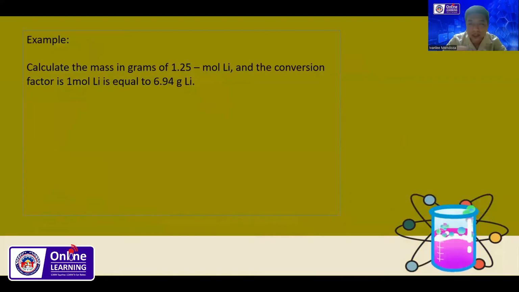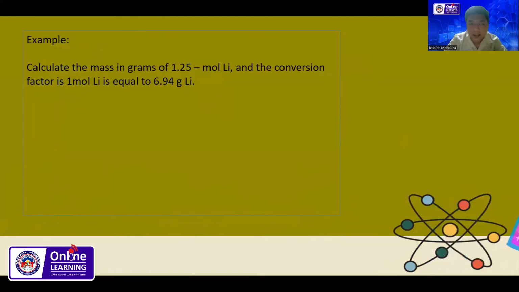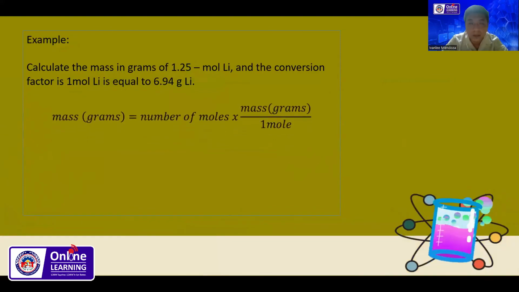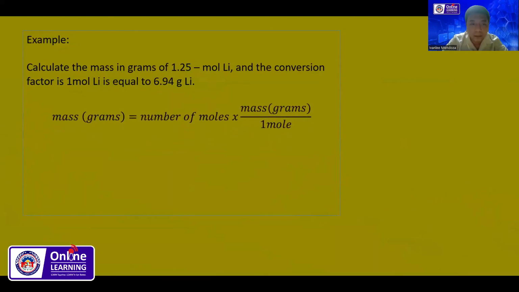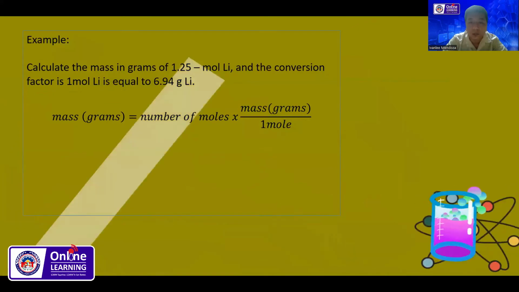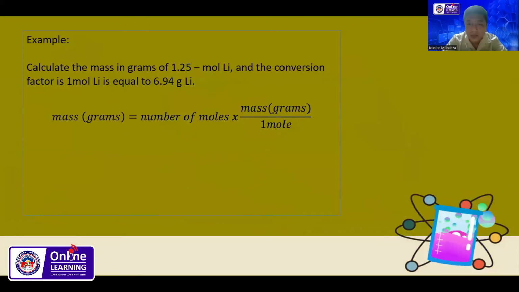Since we have already identified the given, the next step is to use this particular conversion factor, converting from moles to mass. So the formula is mass in grams equals the number of moles times the mass in grams divided by 1 mole. Then simply substitute.